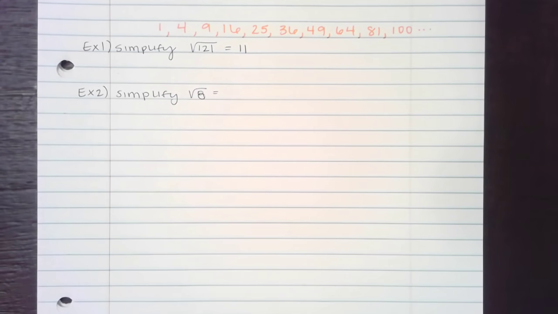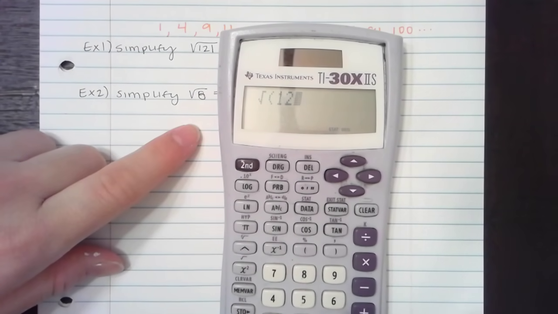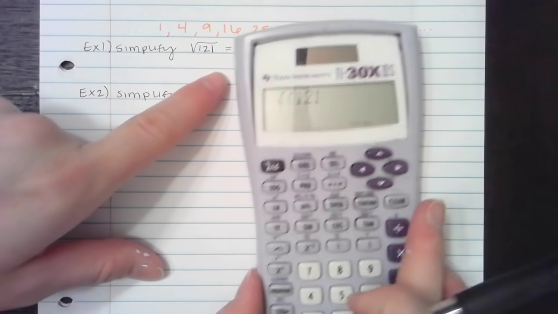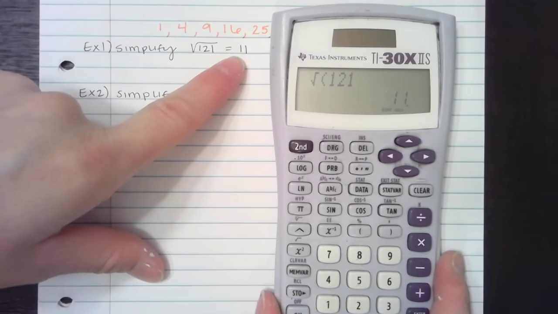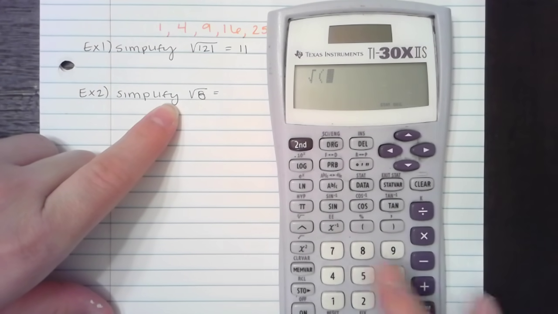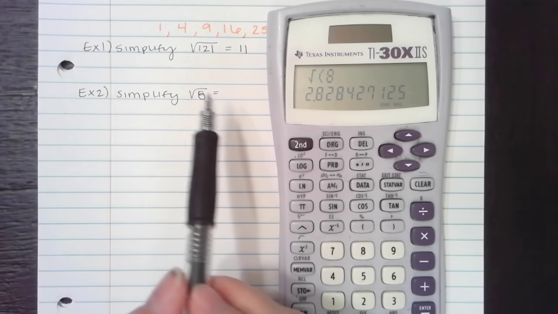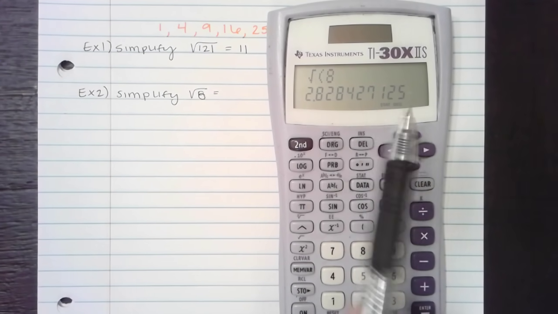And when I type it in my calculator, just like if I typed in 121, it gave me a nice number. It was 11. Whereas if I type in the square root of 8, it's like 2.8 to, I don't know. And we don't love decimals.